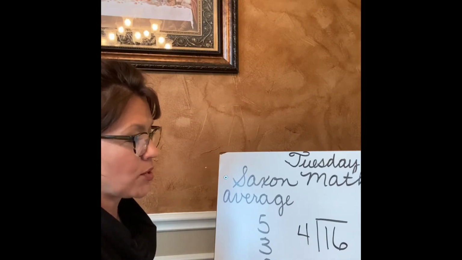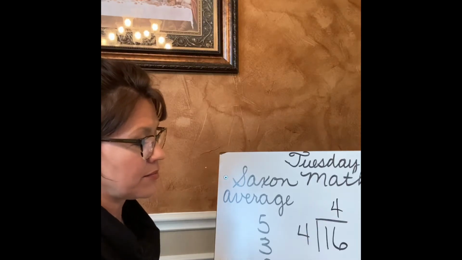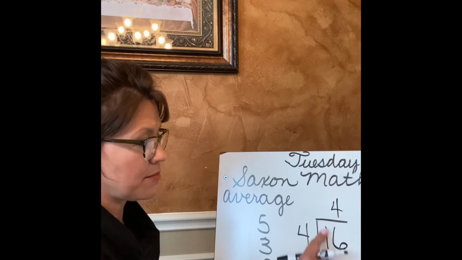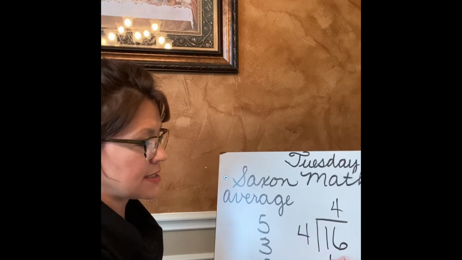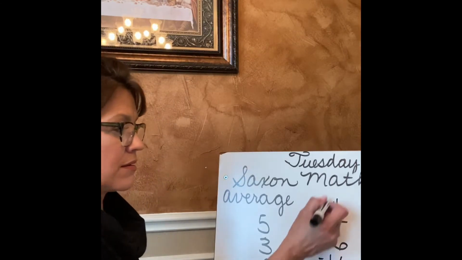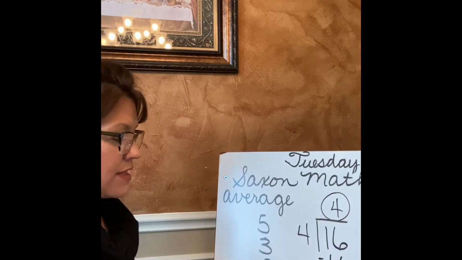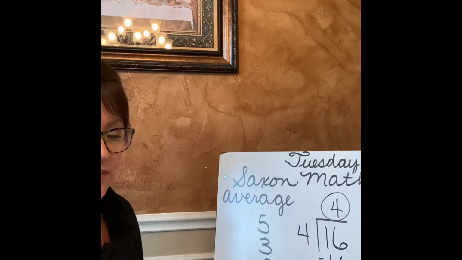And if you'll remember, we need to put the 4 in our quotient above the 6 because we're dividing by 16, not by 1. Okay, so 4 times 4 is 16. And so that would be our average of these numbers. Okay, so pretty easy peasy.